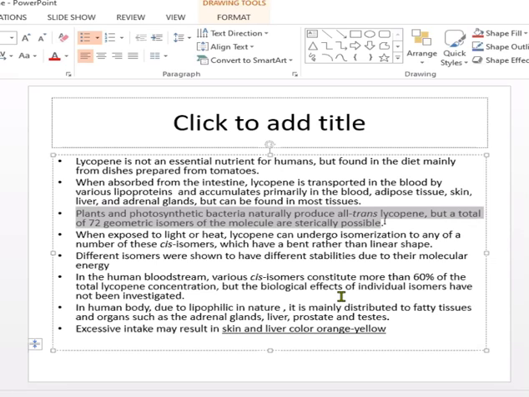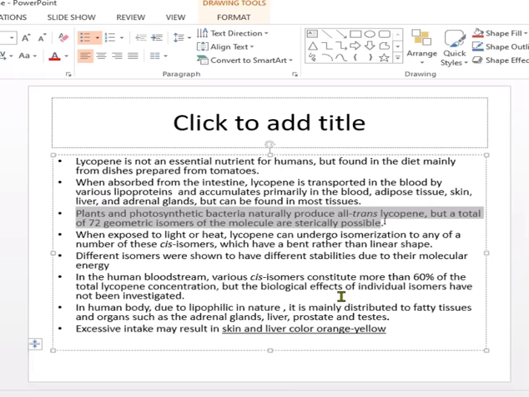When exposed to light or heat, lycopene can undergo isomerization to any of a number of these cis isomers, which have a bent rather than linear shape. Different isomers have different stability due to their molecular energy.